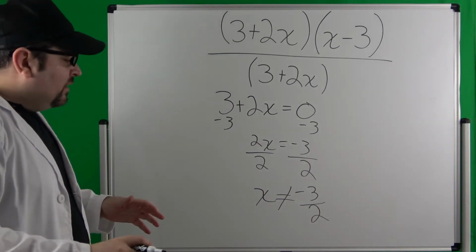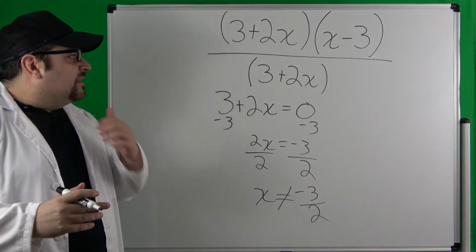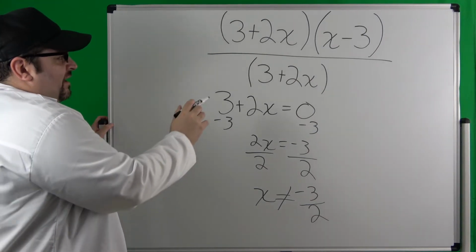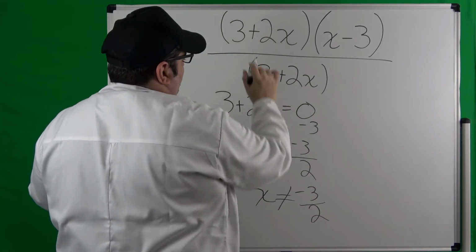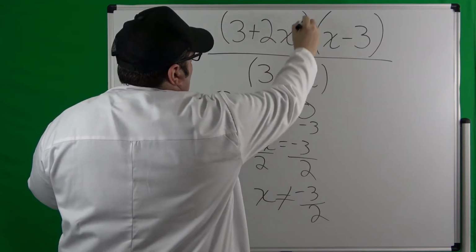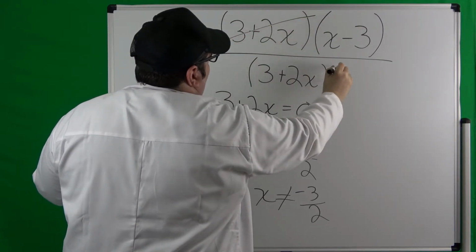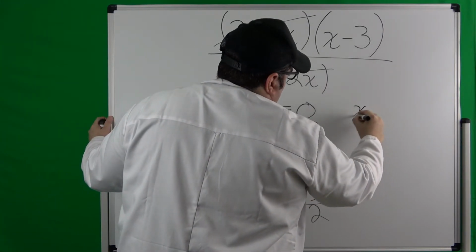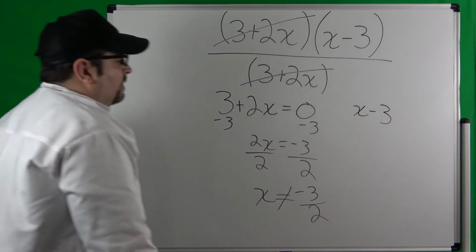Now, you might be saying, hey Jay, what are you doing, man? There's common factors here. You could cancel these two factors out, and then that would be gone. You'd be just left with x minus 3.